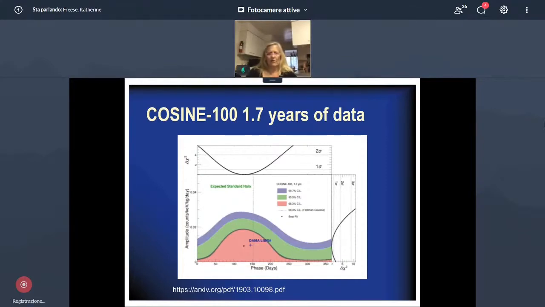If these are the oscillation fits, and if DAMA is here, then you can see that COSINE-100 also has their phase. It looks tentatively like it's in agreement with DAMA, but the statistics are far too low. We have to wait, I don't know, another 4 years or something before COSINE has enough data to determine whether or not it's consistent with or rules out DAMA.